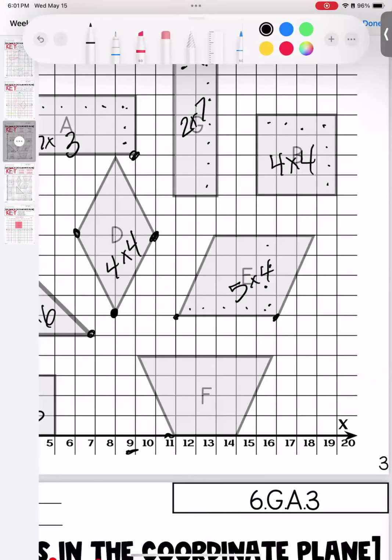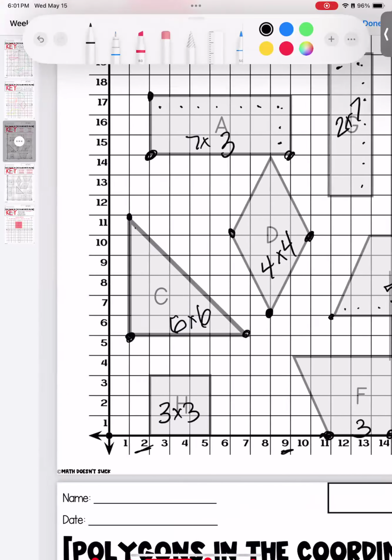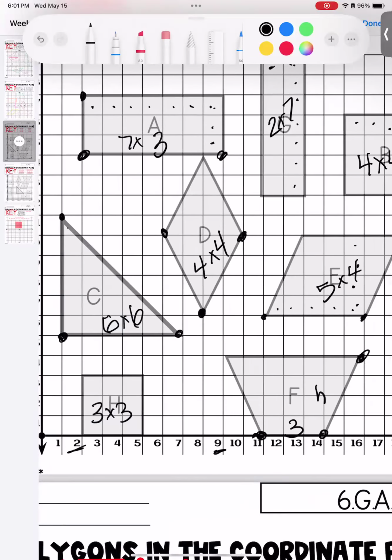I am going from 11 to 14. That's 3. I'm going from 0 up to 4. So I have a height of 3. And I'm going from 9 to 16, which is a length of 7.